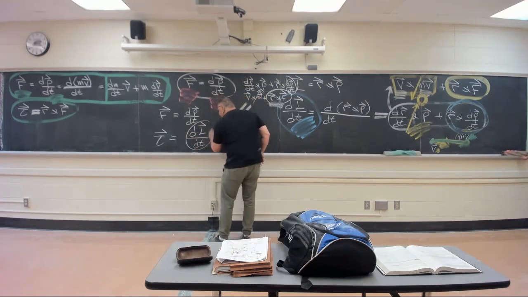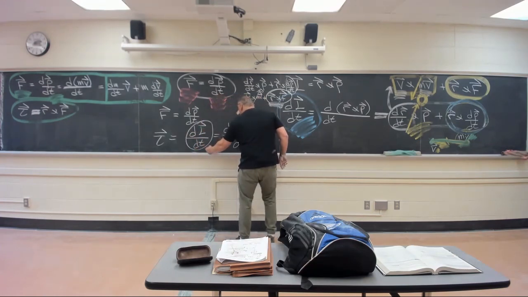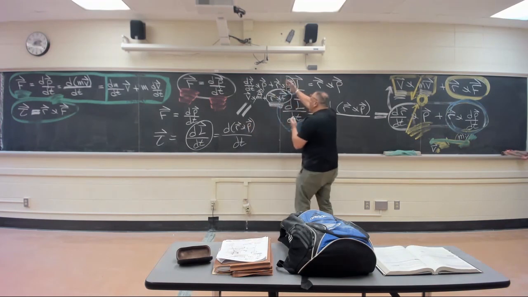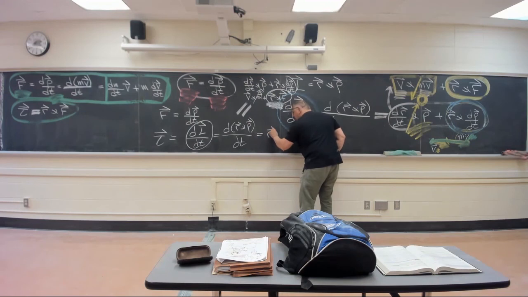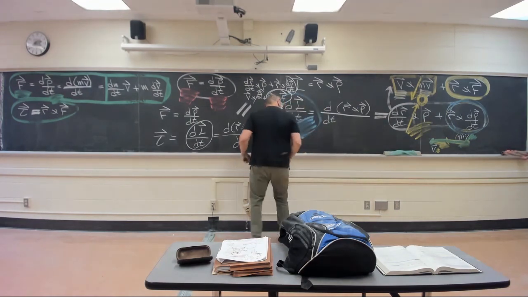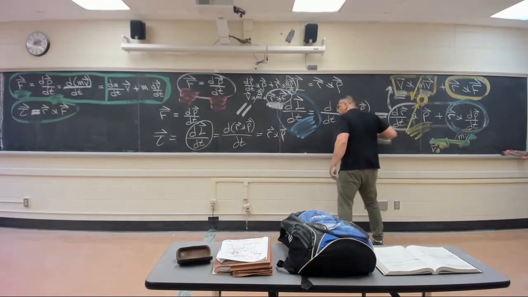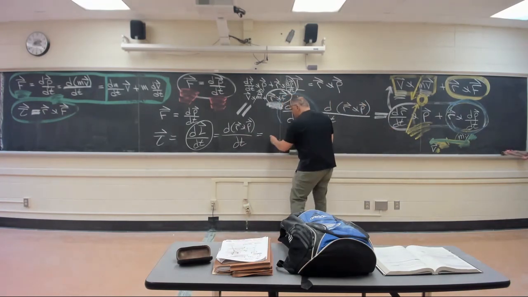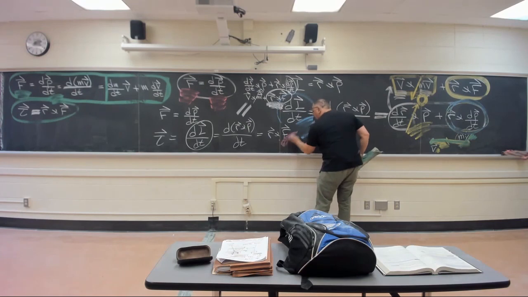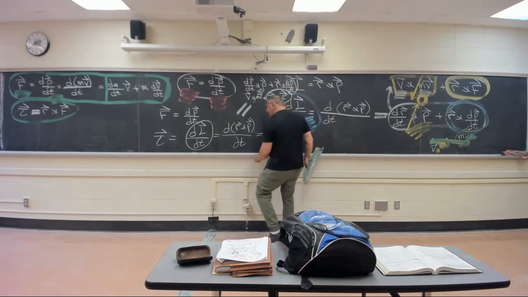The derivative, dL vector dt, is d of the cross product r vector cross p vector dt, and it gave us all this. The end result is r vector cross F vector.